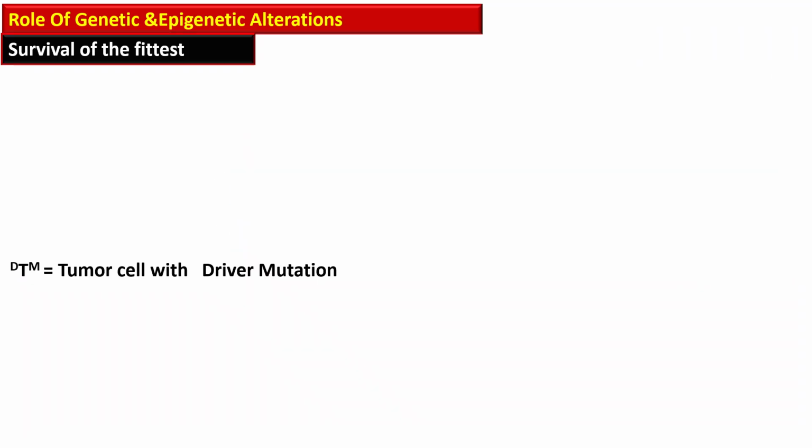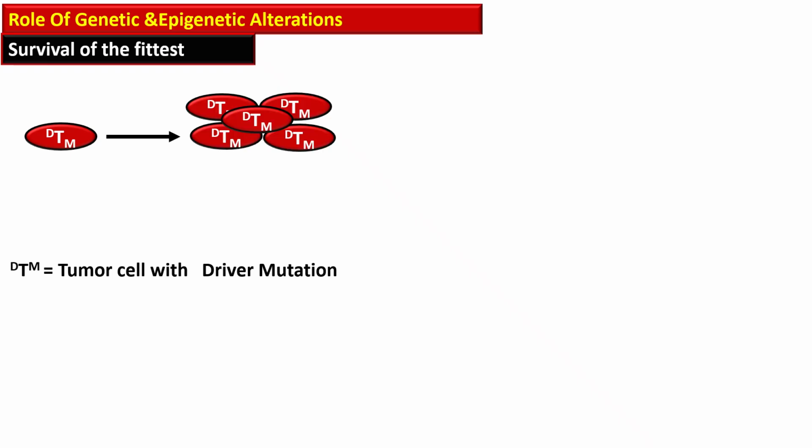So, evolution of the tumor and progression is under the Darwinian selection theory, that is the survival of the fittest. In the initial clonality, the tumor begins from a single transformed cell, and early in development, all tumor cells are genetically identical. So they are making a clone. So the tumor origin is clonal.